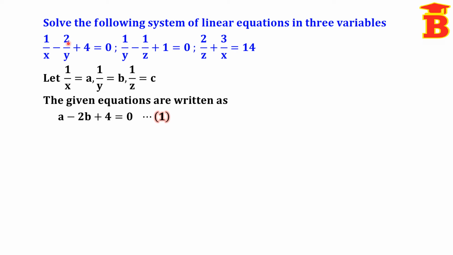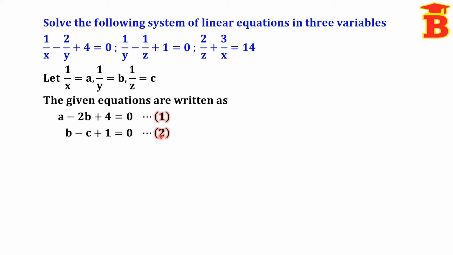So therefore the first equation can be written as 1 by x is a, minus 2 into this divided by y can be taken as b. So this is a minus 2b plus 4 equal to 0. Take it as equation 1. Similarly, this second equation can be taken as 1 by y, b, minus 1 by z, c, plus 1 equal to 0.